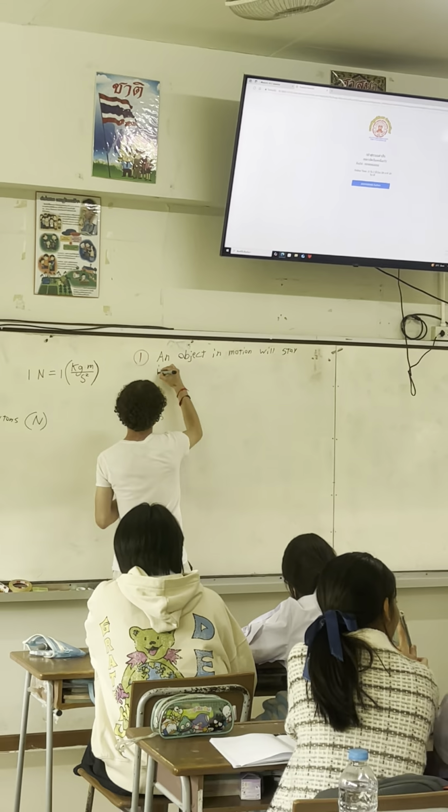Just like the pen is pushing on the ground with gravity, if gravity is pulling it down, the ground is pushing up on the pen, equal and opposite. So it becomes zero. It's balanced. That's why it's not moving. Balanced force.